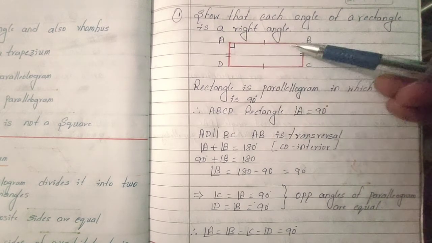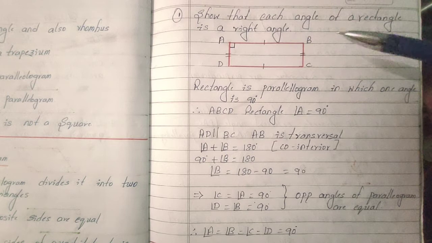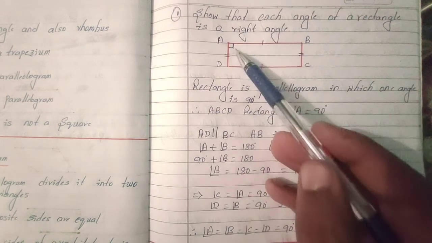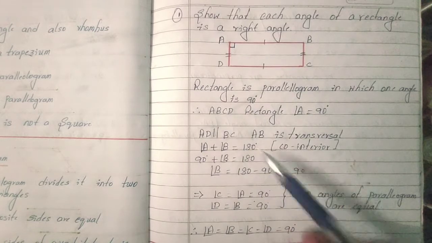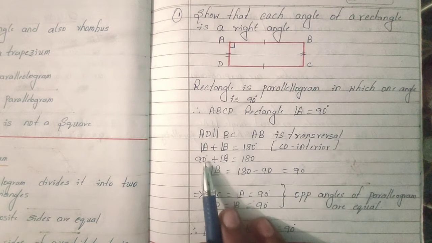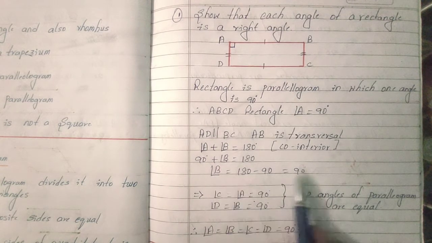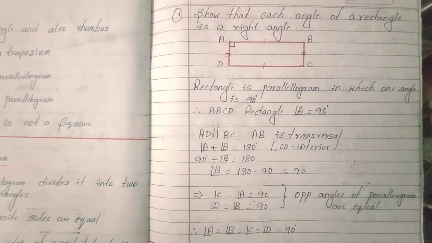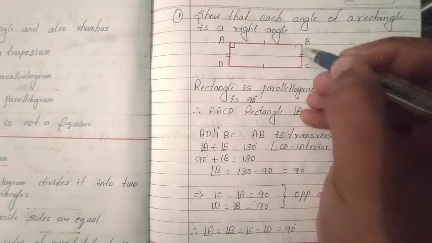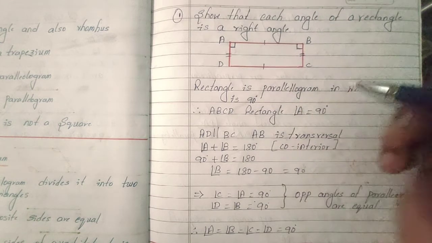The sum of these two angles will be 180. Reason? Co-interior angles. So angle A plus angle B is 180. A I know is 90. Transposing the 90, B is also 90. Yes or no? So I got it. Angle B is also 90.